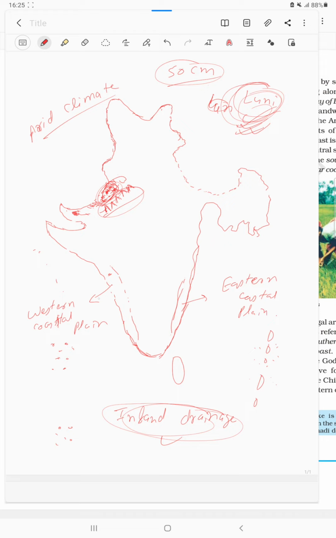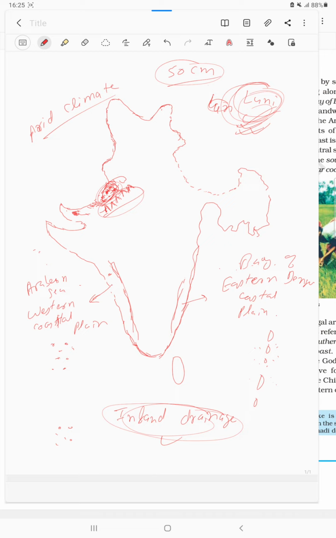The Western coastal plain is found between the Western Ghats and the Arabian Sea. Here is the Arabian Sea, and here is the Bay of Bengal.